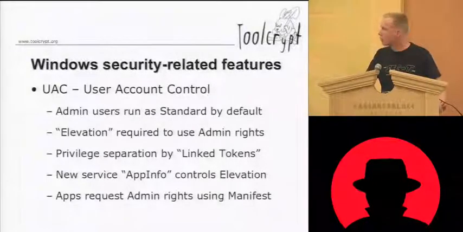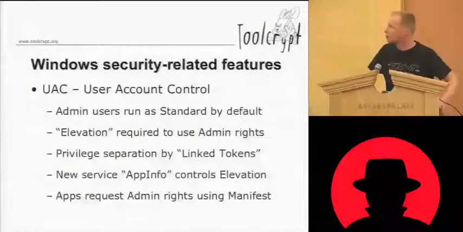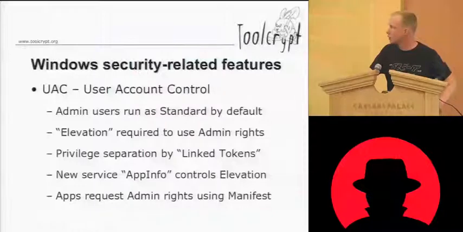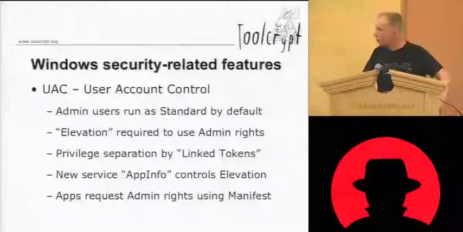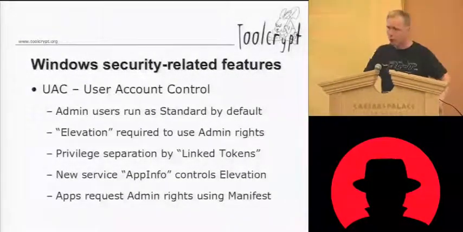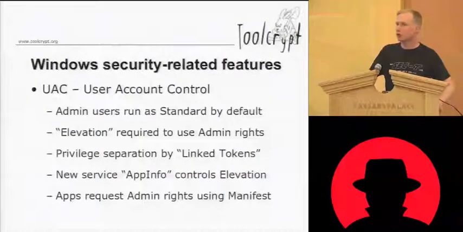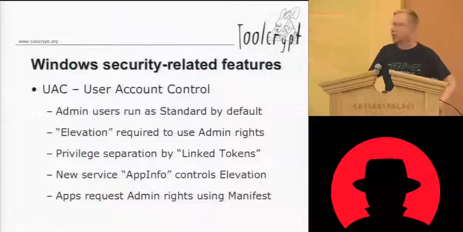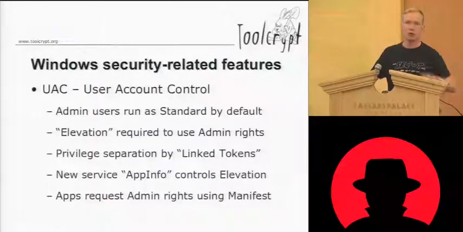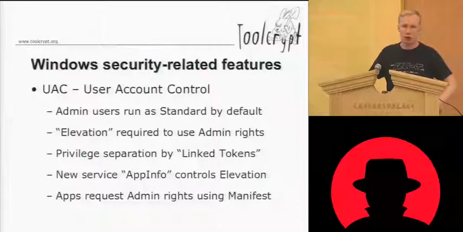To store those things, it's interesting at least to mention how they did that. They introduced in the token something called a link token. Basically, that means a token can have a flag set that says this token is a lower level token of an administrator or something like that.